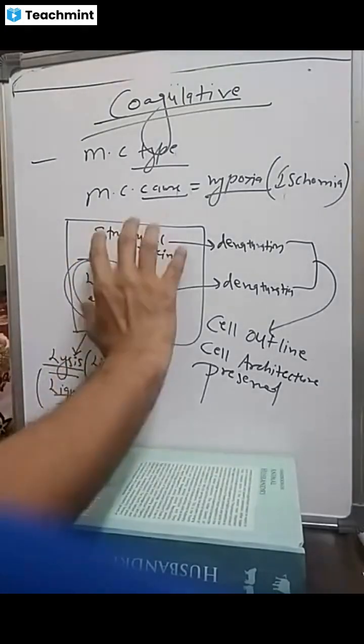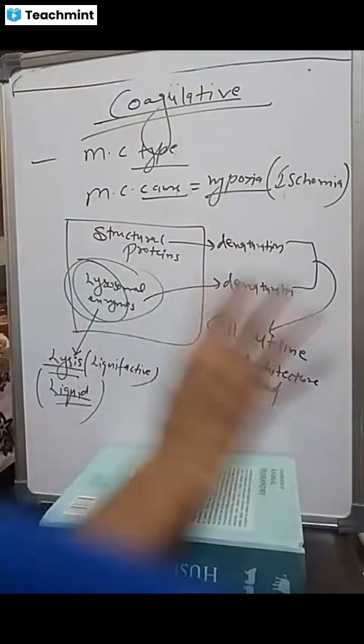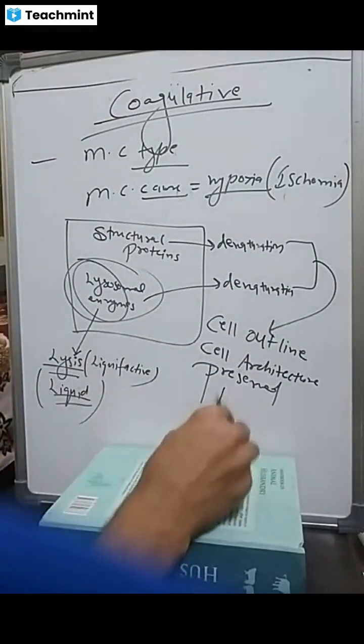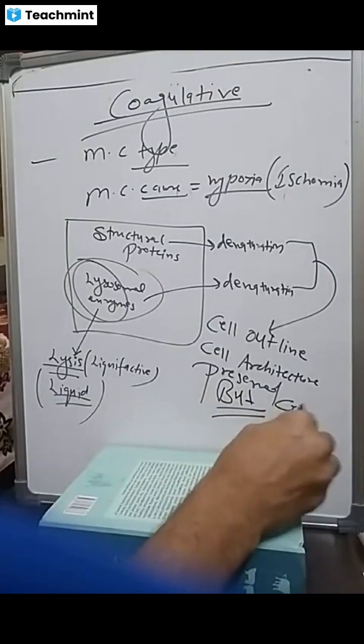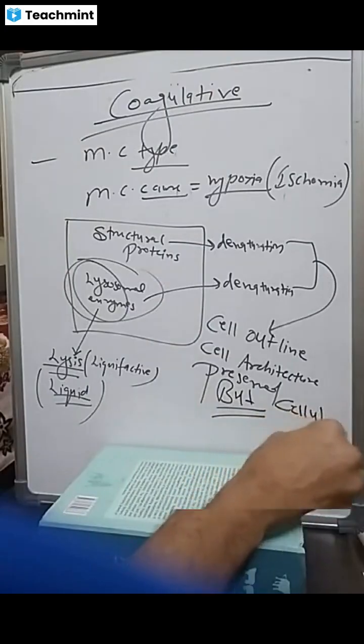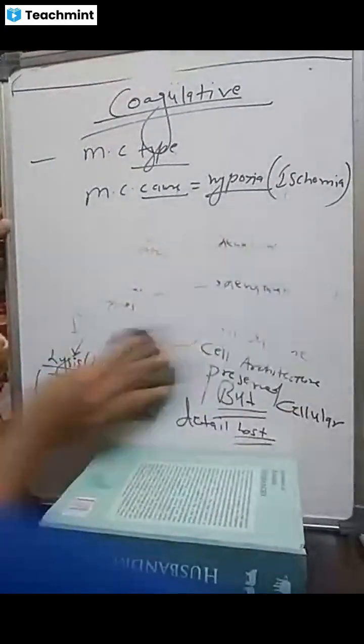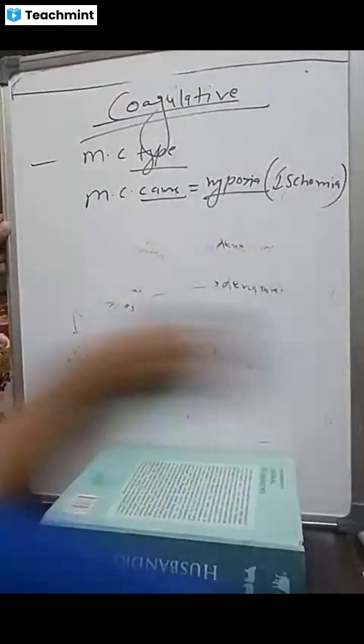Here, these two are denatured and coagulated, so the cell boundary, outline and architecture are preserved. But the cellular content detail is lost. That is not preserved. So this is coagulative necrosis.